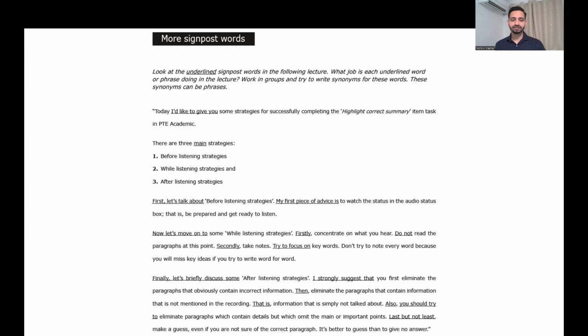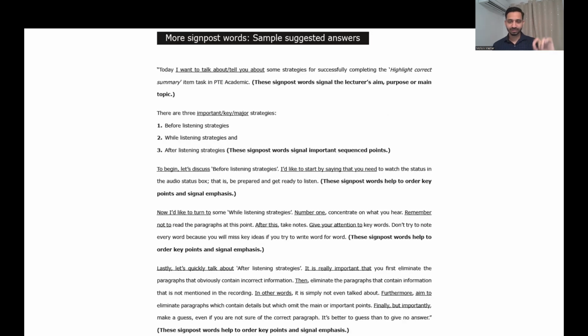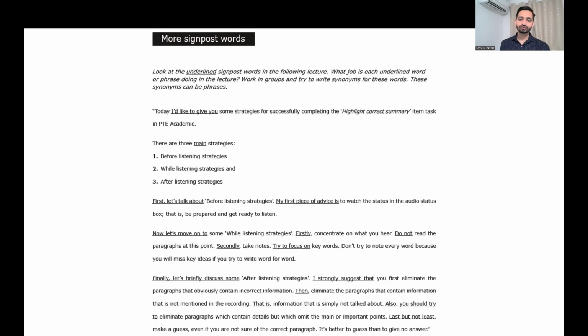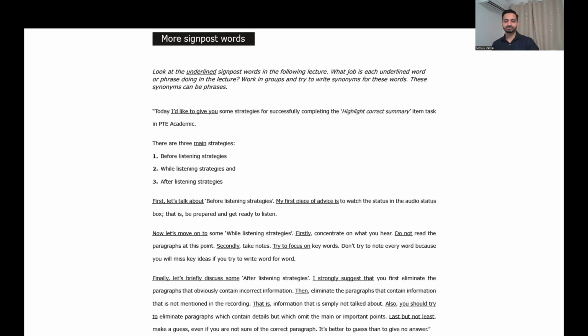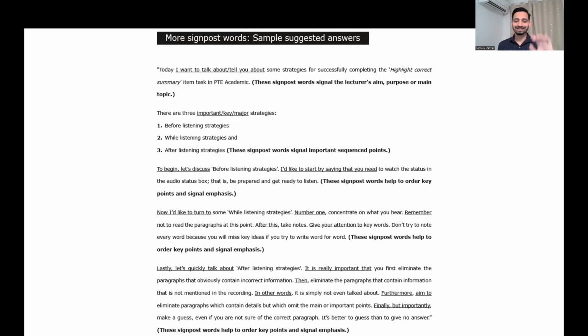Instead of "that is", "in other words", and instead of "also", I'm using "furthermore". Instead of "you should try to", "aim to", and instead of "last but not least", I can say "finally, but importantly". So these are some of the ways we can use synonyms, and all of these words are signposts that help order key points and signal emphasis.